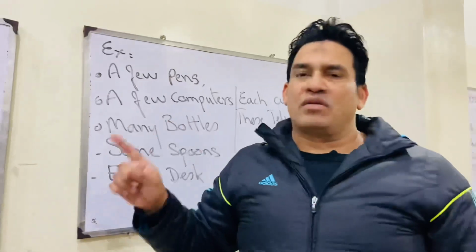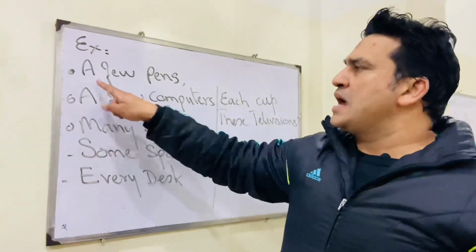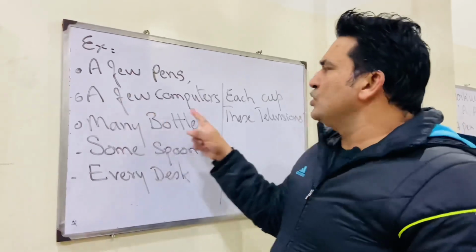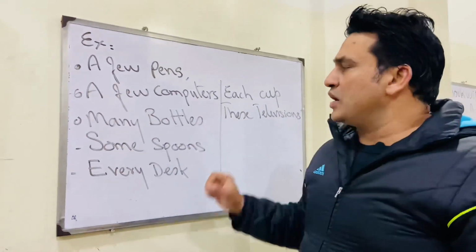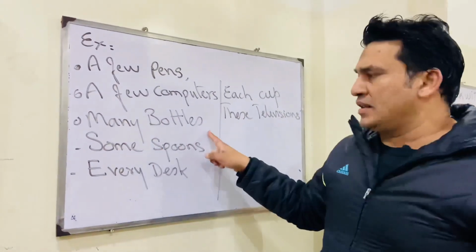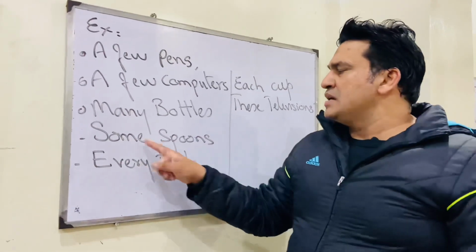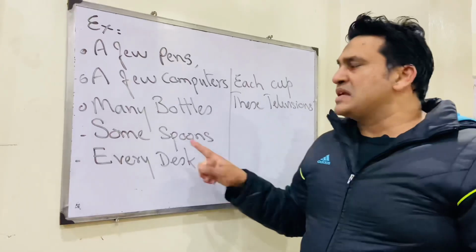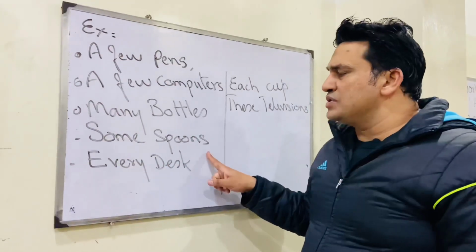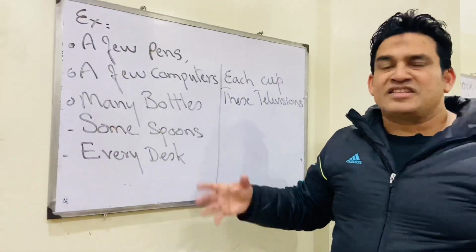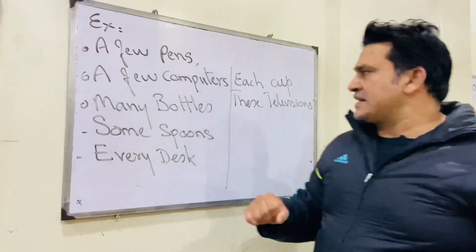For example, we have learned a few. You can say a few pens, a few computers, many bottles, some spoons, every desk.